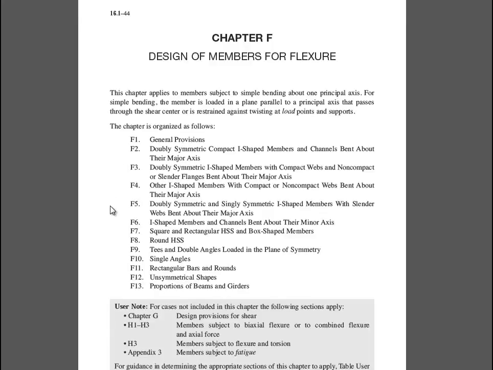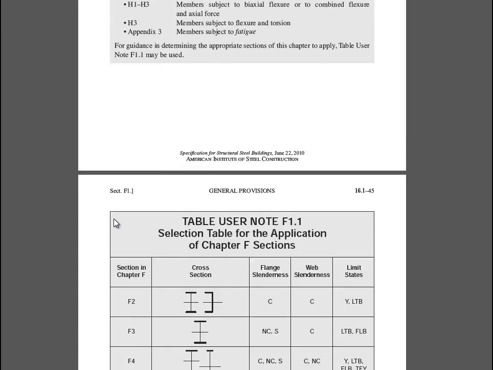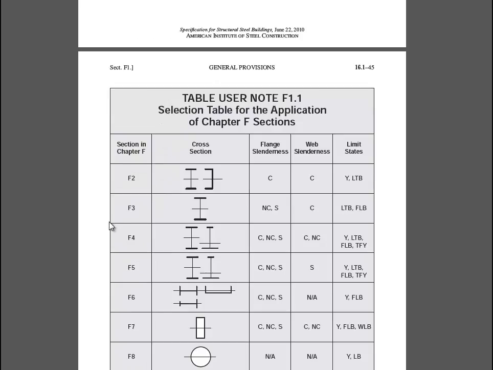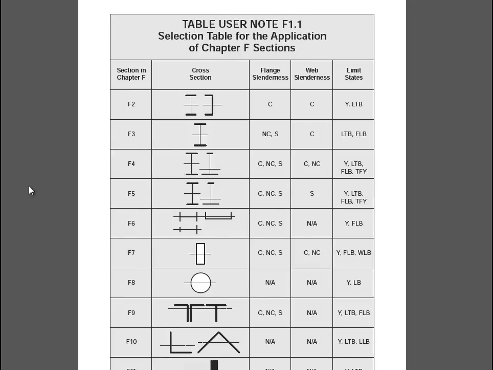One handy way to navigate this particular chapter is to use table user note F1.1. This will make a little bit more sense in a couple minutes when we start talking about the local buckling limit state for flexural members. But this table can be used as a roadmap for figuring out where the design provisions that you need to use are located within chapter F. So we'll revisit this in a little bit.